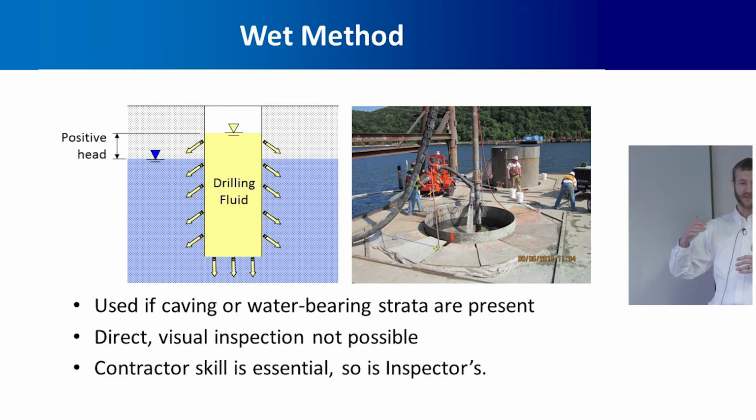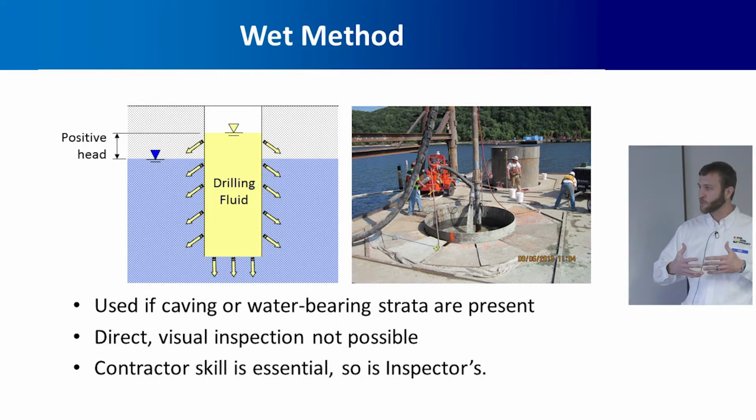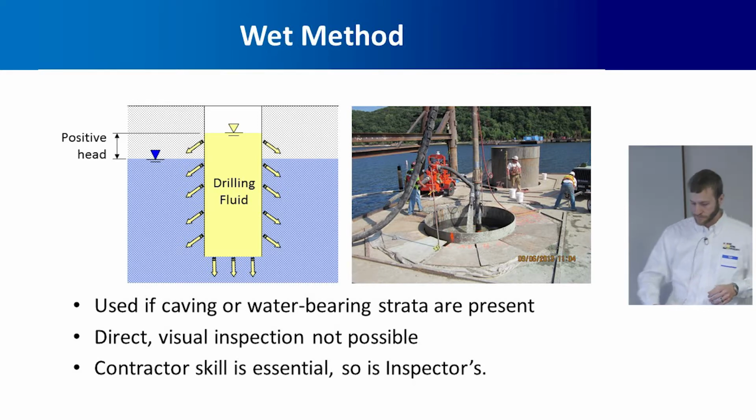If we keep that drilling fluid at a level higher than the groundwater, then we've got a positive pressure in that excavation, which will, A, keep the groundwater from flowing into our excavation. And you've got to assume if groundwater is ever flowing into your excavation, it's bringing sediments in with it. And that's a bad thing. Also, it is pushing out on that hole, so it can be used to stabilize the hole.